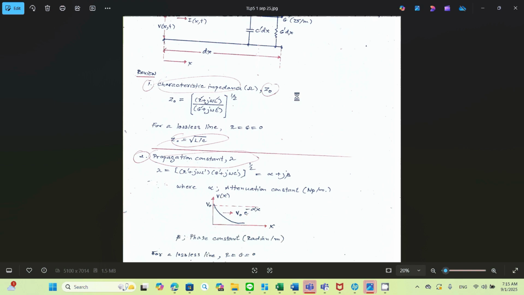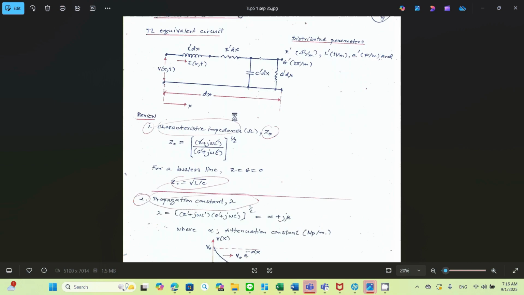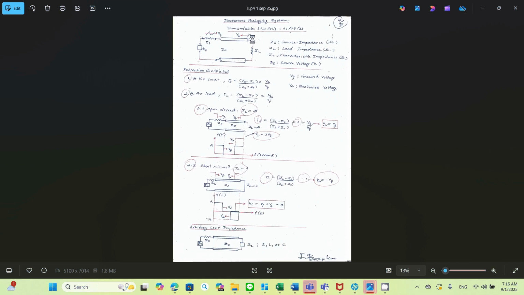From distributed parameters, you can also find the characteristic impedance, which is very important because it plays a vital role in your transmission line circuit, because you want to see whether there is any reflection from the load or from the source, since you are dealing with Z0.